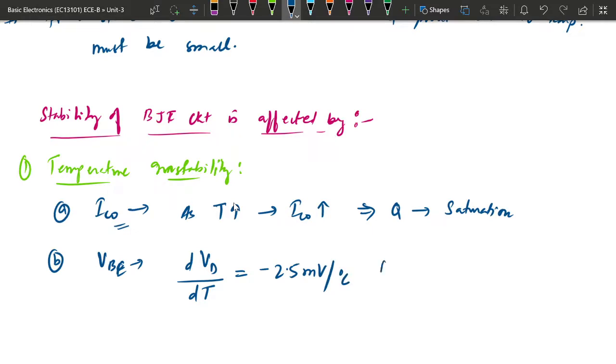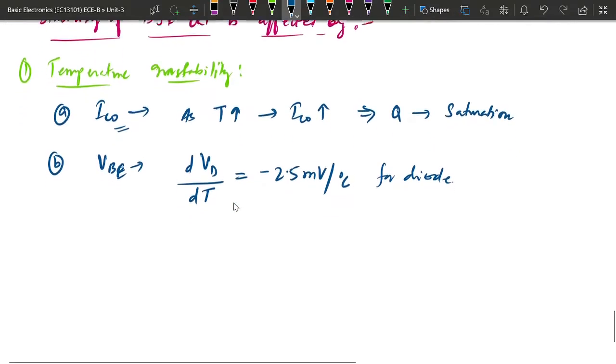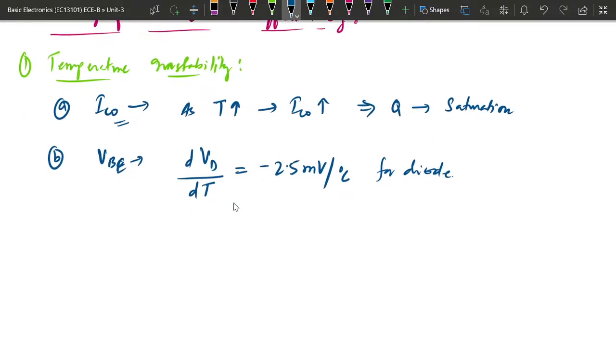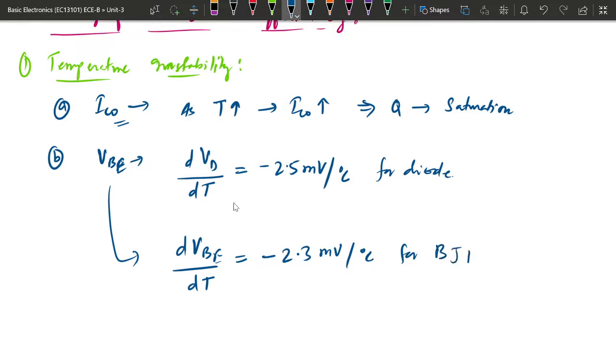This VBE in case of a BJT is like a diode voltage only. So in case of a BJT, VBE depends on temperature in a similar manner, it decreases, but its value is around 2.3 millivolt per degree centigrade.